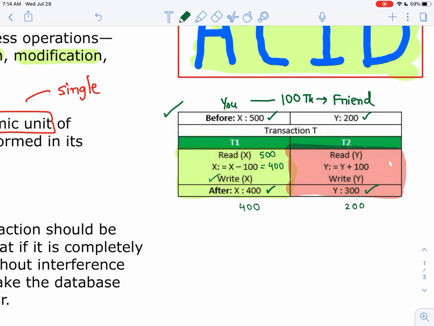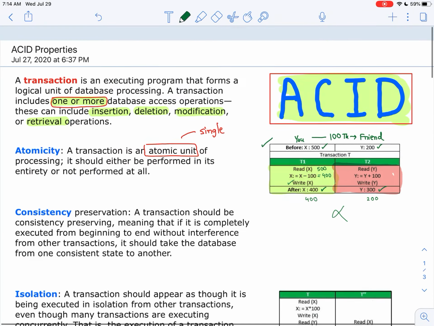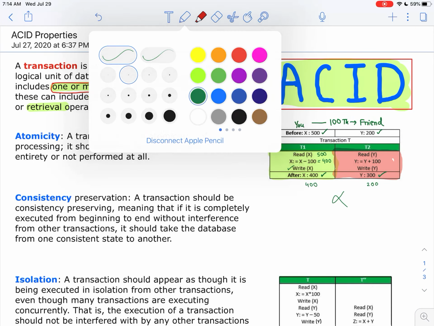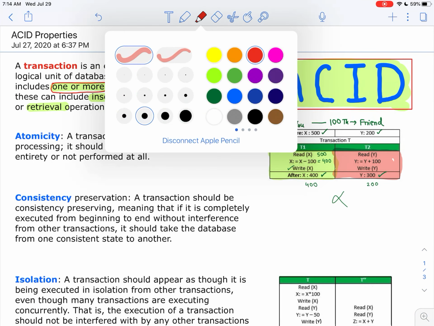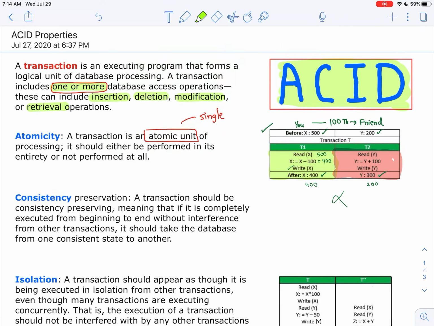This is not acceptable. Your transaction should either be performed in its entirety or not performed at all. You cannot have a transaction occurring halfway through. That is what atomicity means.